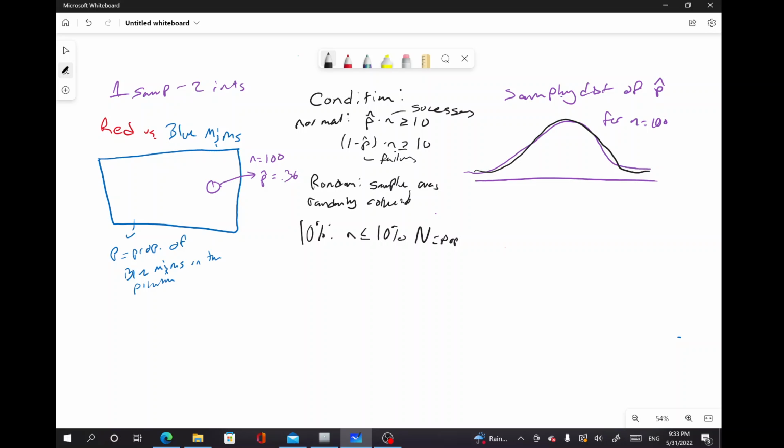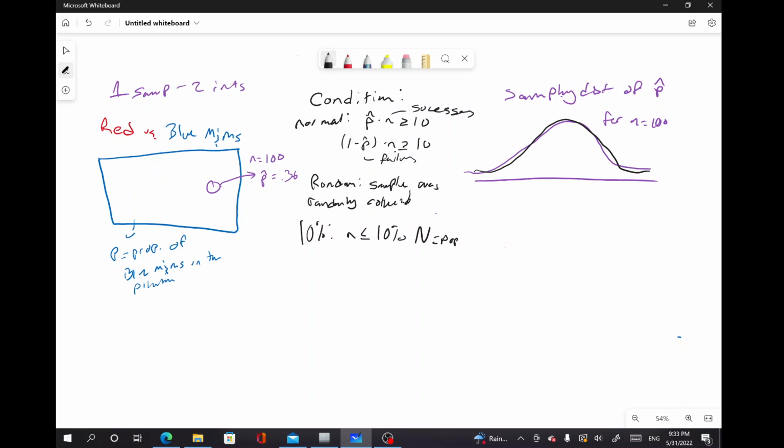But we want to fulfill the 10% condition because we want to make sure that each trial is independent. And we want to do this because if we have too big of a sample, we will be saying that we're not sampling with replacement.